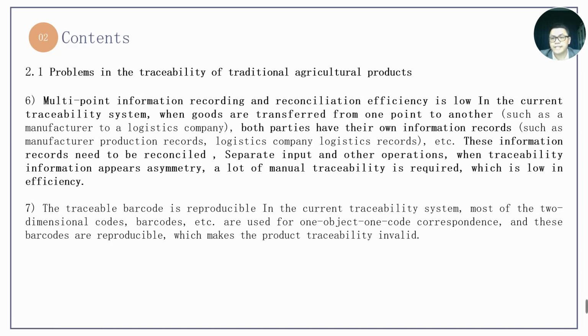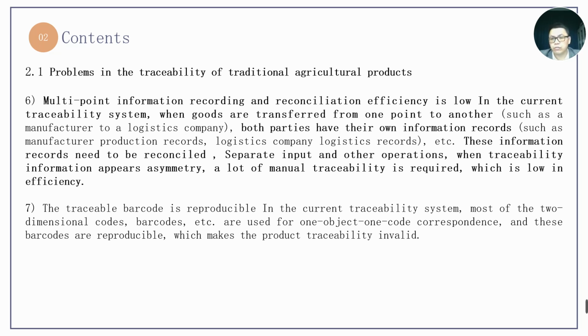Problem 6. Multi-point information recording and reconciliation efficiency is low in the current traceability system. When goods are transferred from one point to another, both parties have their own information records. These information records need to be reconciled, separately input, and so on.